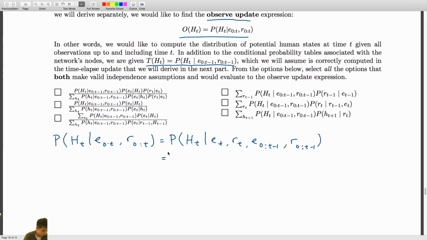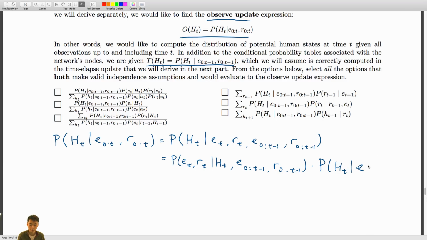Okay, and the way we approach this is through a Bayes rule type of thing, where we're given a lot of these conditional probabilities, and we use them to calculate this quantity, which is what we're interested in. So this is the probability of the current evidence and the current robot action conditioned on a certain human action as well as all the past evidence. This is times the probability of the human action conditioned on all the past evidence.